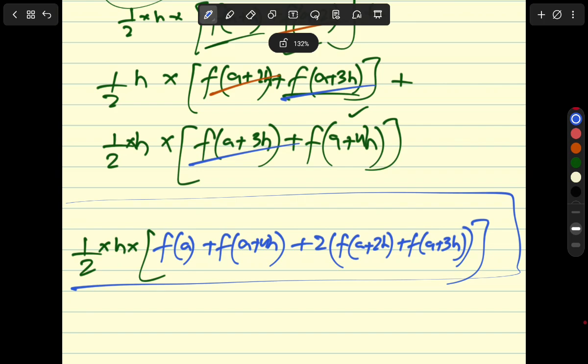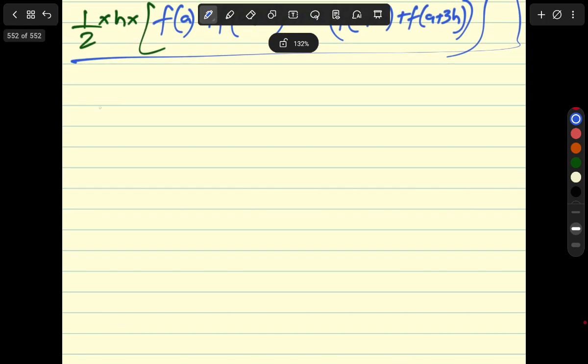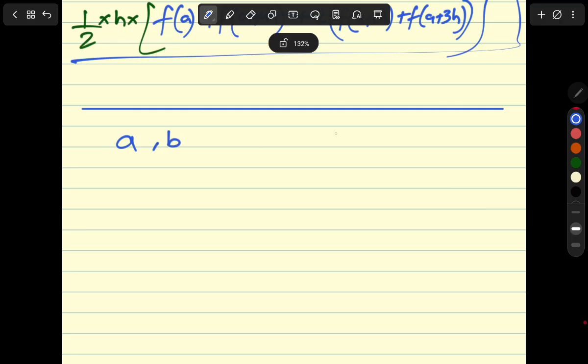Okay, so just to give you a general form, this is the easiest topic in integration. If the interval from a to b is divided into n intervals, with limits x equal to a and x equal to b, then you know that h is going to be equal to b minus a upon n, right?